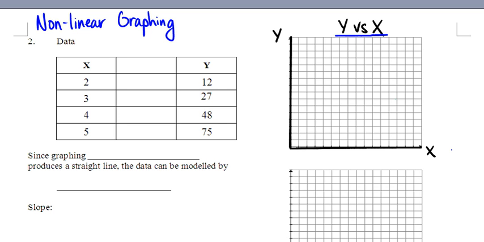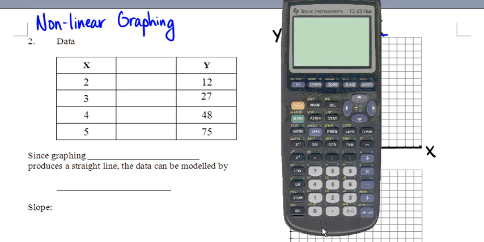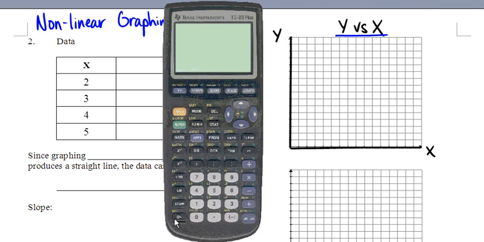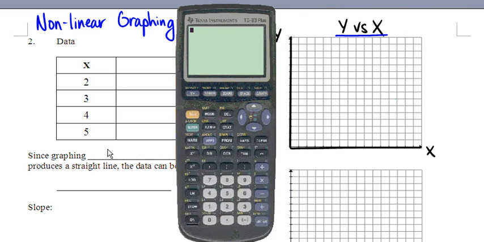What we will need to do is figure out some scale though. So remember the trick for scale is the biggest number you have to plot. So for example on the x-axis, 5 divided by the number of boxes, and I believe there's 16. That's going to give us on the x-axis a scale of 0.3125.